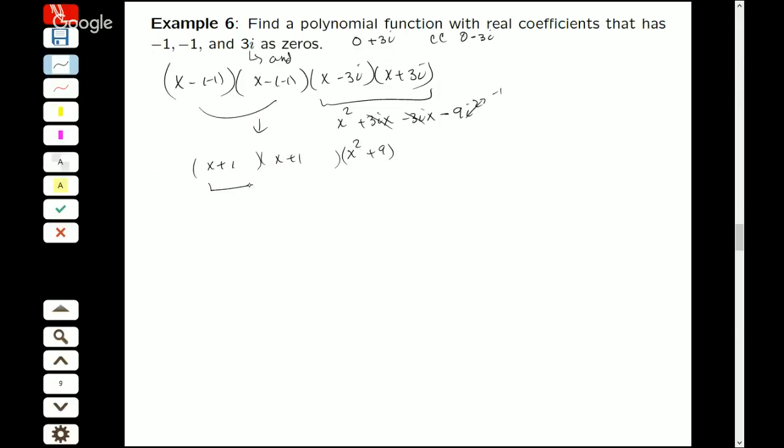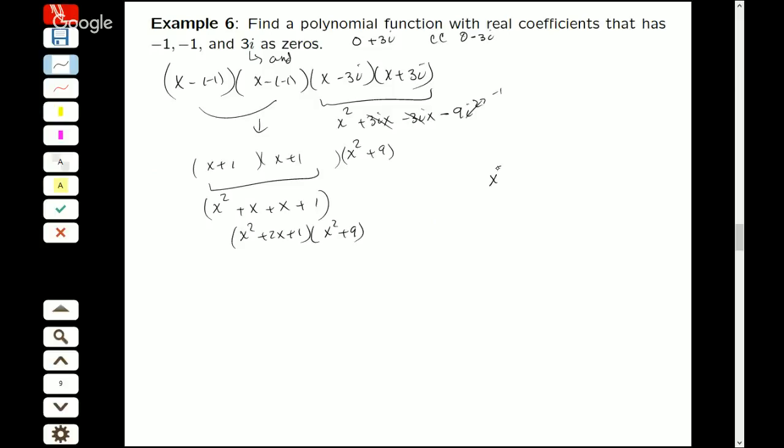I'm actually going to FOIL those two together, and then I'm going to FOIL my two answers together. So the outside gives you x squared, the last gives you x, the inner gives you x, and that one gives you 1. So that becomes x squared plus 2x plus 1 times x squared plus 9.